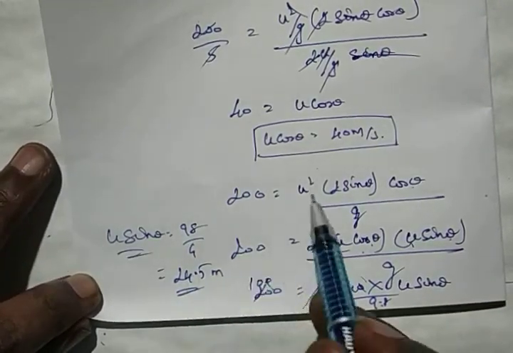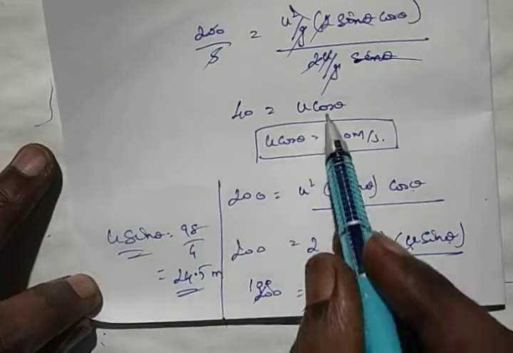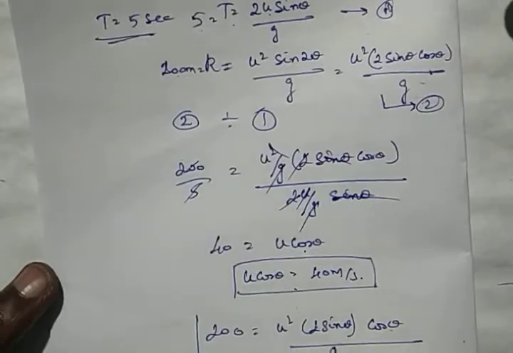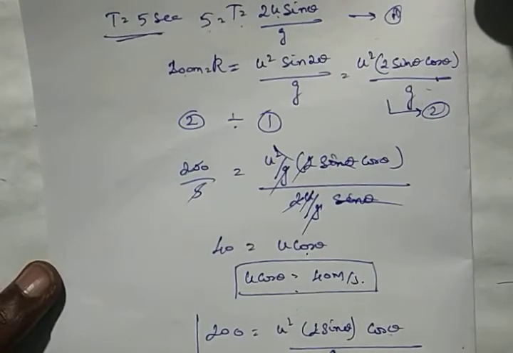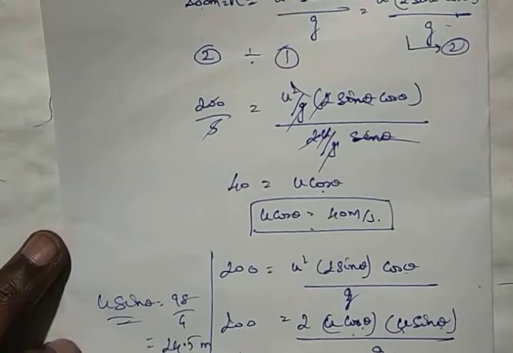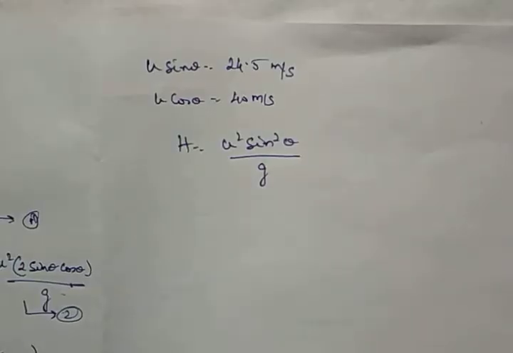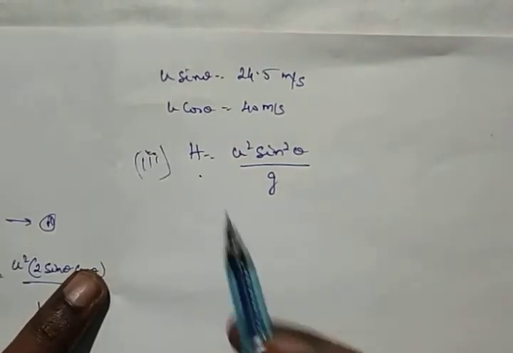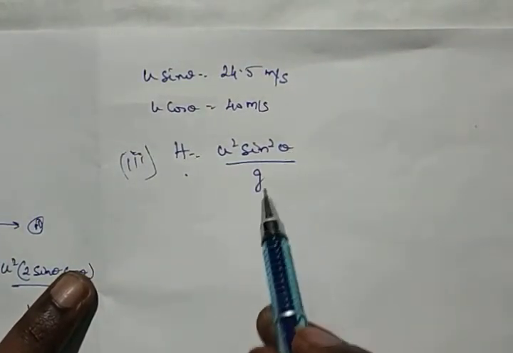U sine theta we got it, and u cos theta also we got it. What is the next question it is asked? It is asked as maximum height. What is the maximum height to which it will be going? So the third part of the question is maximum height. Height is going to be equal to u square sine square theta upon g.